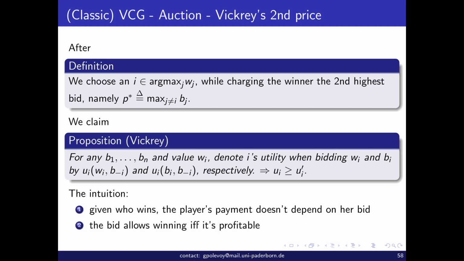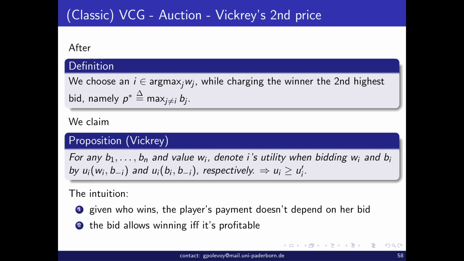famous proposition by Vickrey, that for any set of bids, you don't even care whether the others bid their true value. These are bids b. Sometimes you don't care. I still denote the bids by a kind of value, but you will see from the context that sometimes it does not have to be actually the true value.